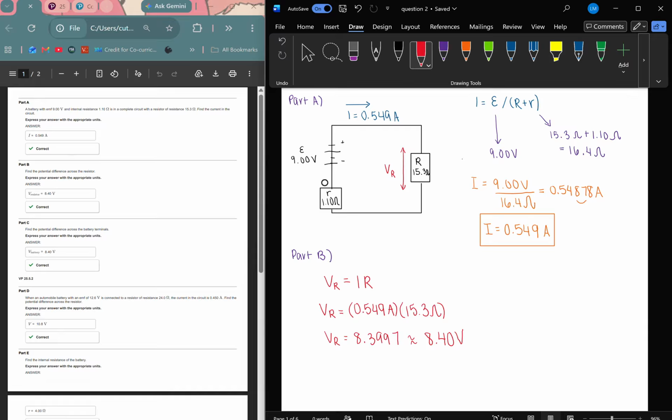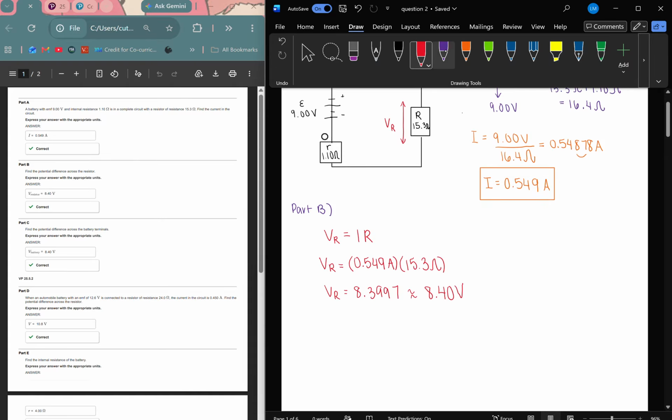So now we have to find the terminal voltage of the battery. So we're going to use this formula.